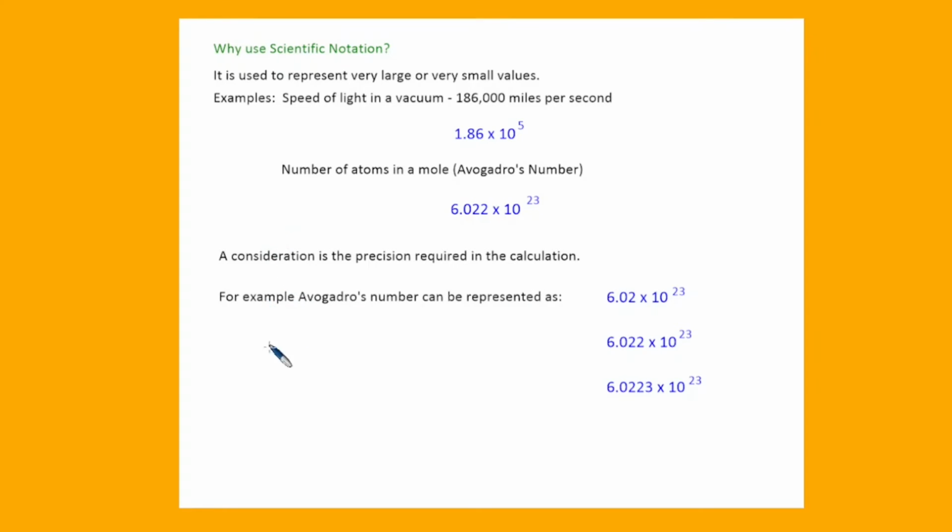As an example here, Avogadro's number can be represented as 6.02 times 10 to the 23rd power, 6.022 times 10 to the 23rd power, or 6.0223 times 10 to the 23rd power. All of this would give you a slightly different number, but if you're going out to the 23rd power, then probably the first few decimal points don't really make a whole lot of difference because of the orders of magnitude that you're working with.